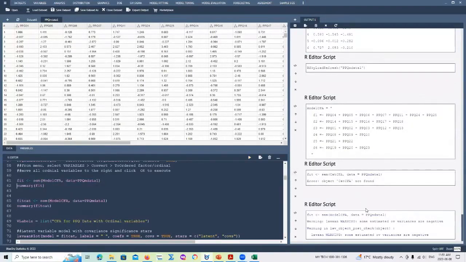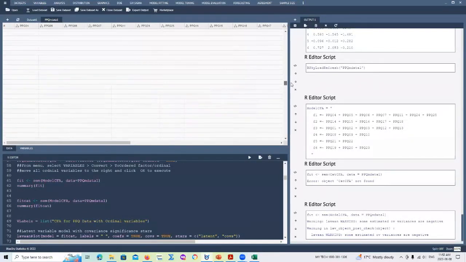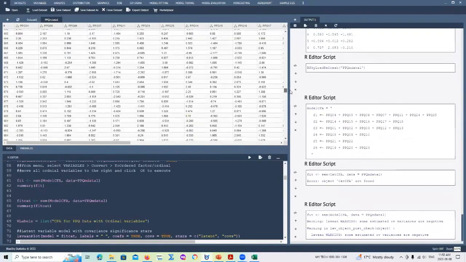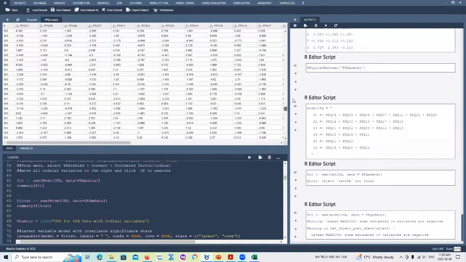It says something here. Some estimated covariances are negative. Now that is very strange because on this data I fitted them and they were not negative. So it's telling us that some are negative. What is the sample size here? So that is pretty strange.